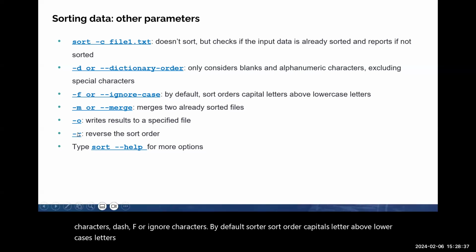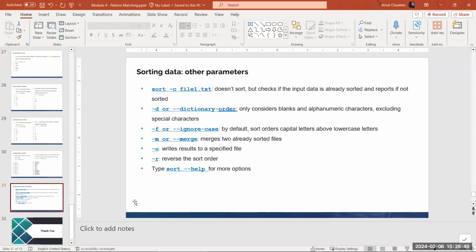And here we have, for example, -r to reverse the sort order, which means if we want to have a descending order and not ascending order, we'll use the -r. Let's try these examples.